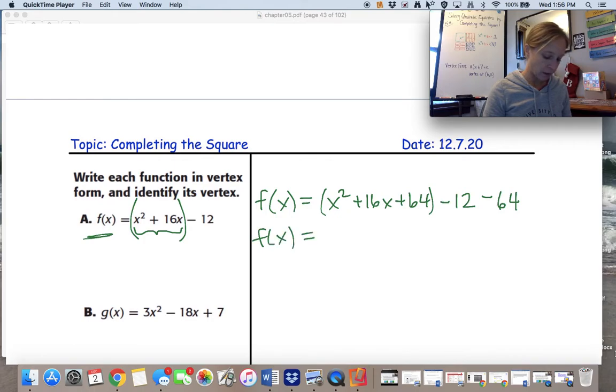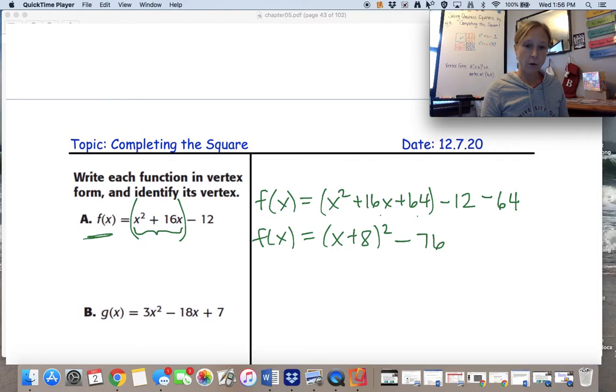So f of x equals what multiplies to 64 and adds to 16? 8 and 8. X plus 8 quantity squared. Let's simplify 12 and 64. That would be negative 76. Now I have this in vertex form, so I'm ready to answer the next part of the question. Where is the vertex?